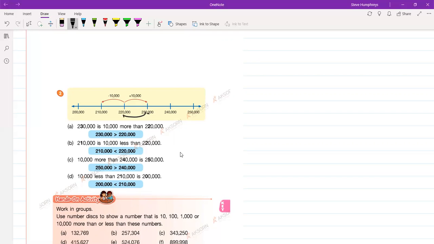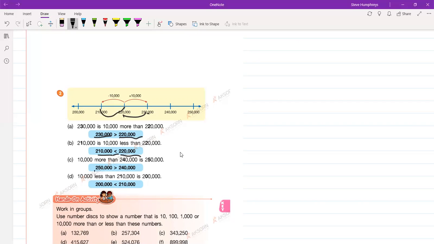So when you write them down, 230,000 is greater than 220,000. 210,000 is 10,000 less than 220,000. There's your symbol, less than 220,000.